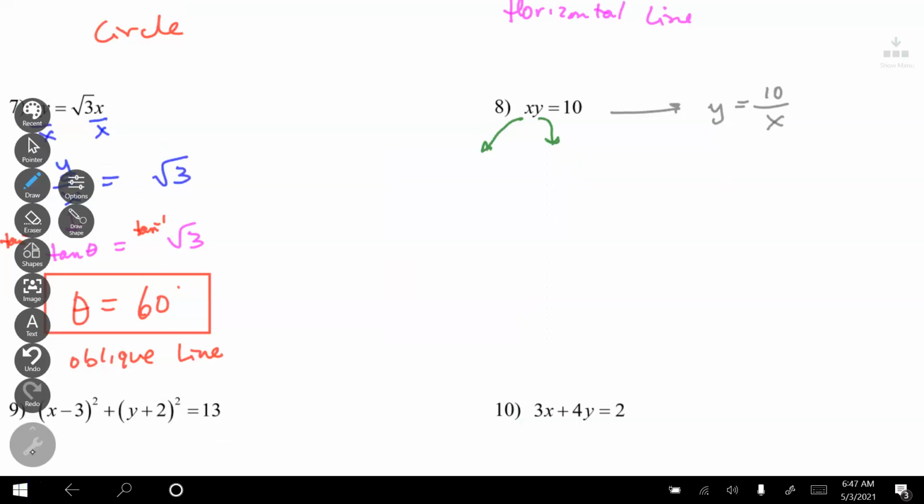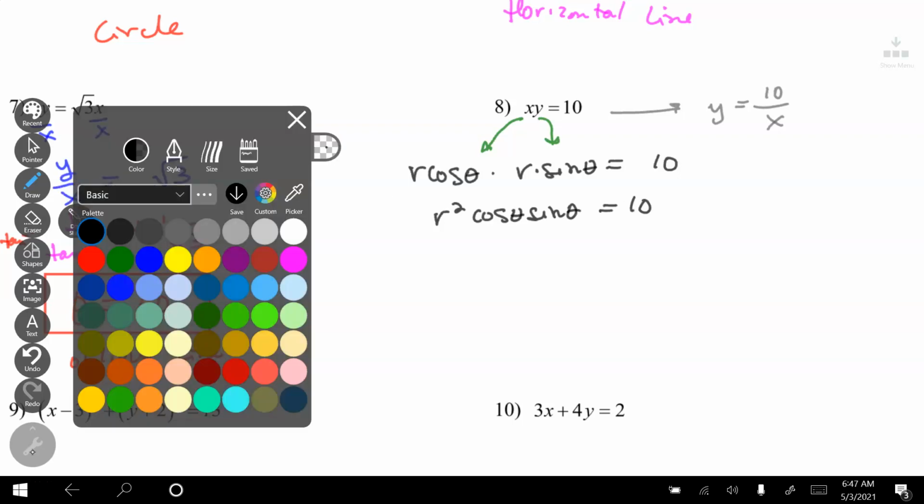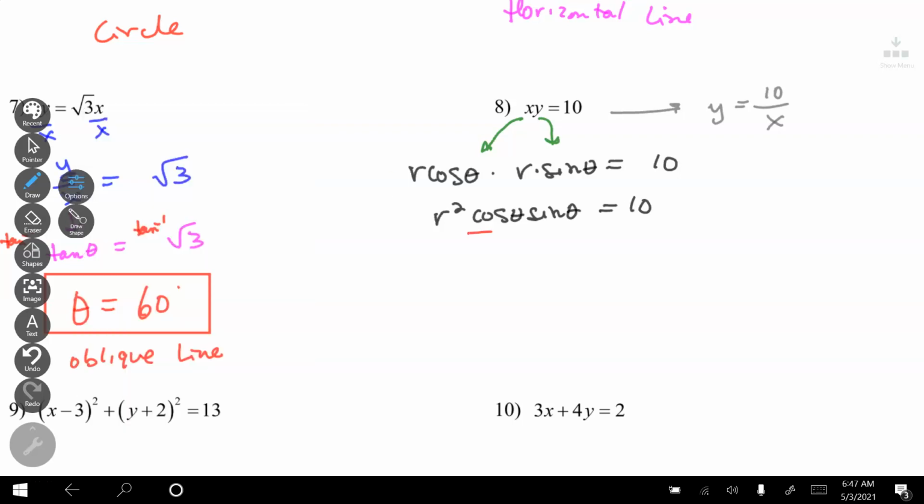So I'm just going to go to my basic substitutions of x is equal to r cosine theta, and y is equal to r sine of theta, and x times y equals 10. Multiply it out, I get r squared cosine theta sine theta is equal to 10. I can divide out by cosine theta sine theta. I get r squared is equal to 10 over cosine theta sine theta.